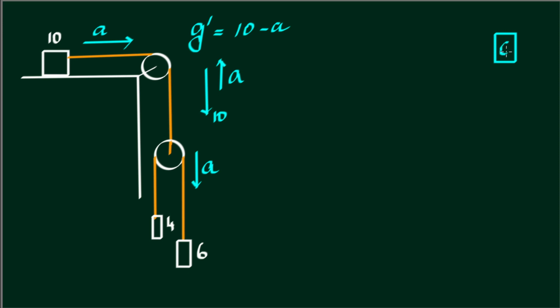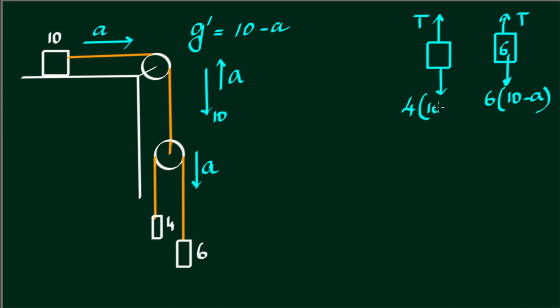On the 6 kg block, we have an upward force of tension and its weight, which is 6 times the acceleration due to gravity in this frame, which is 10 minus A. Likewise, on the 4 kg block, we have tension T, and its weight is mass times acceleration due to gravity.